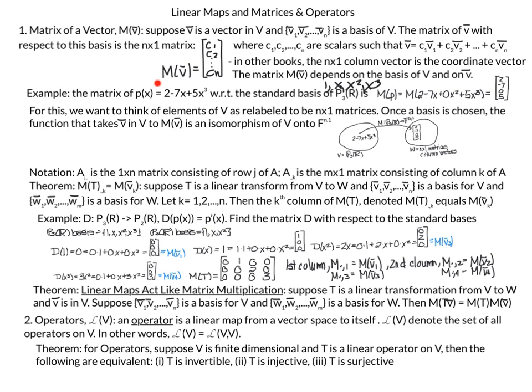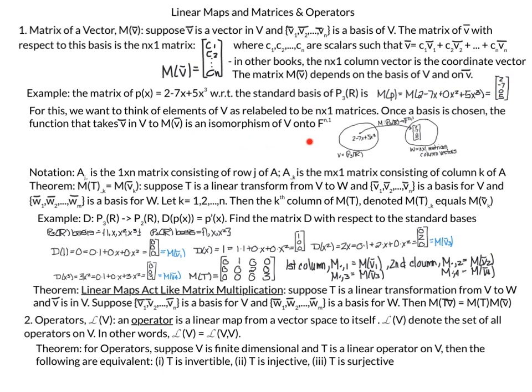So this polynomial is equal to 2 times our first basis vector 1, minus 7 times our second basis vector x, 0 times our third basis vector x squared, and then 5 times our fourth basis vector x cubed, which means the coordinates are 2, minus 7, 0, and 5.